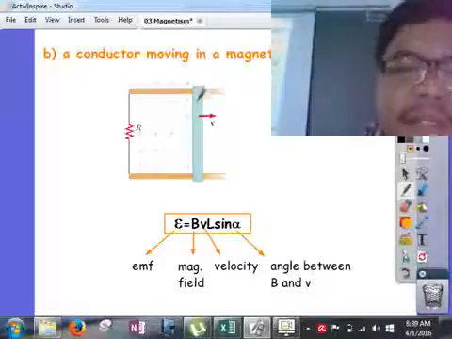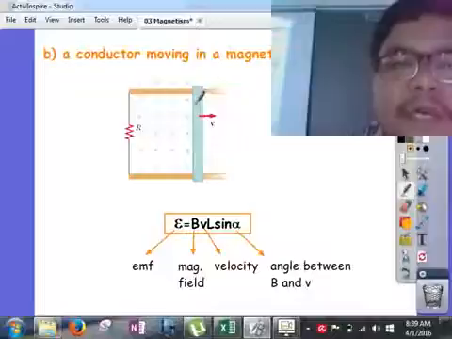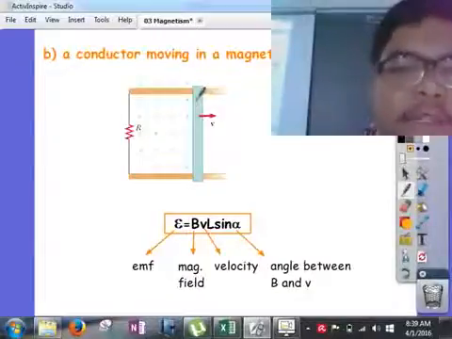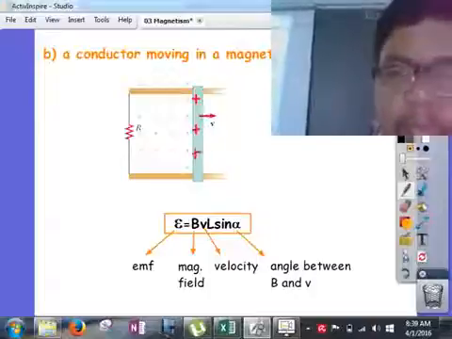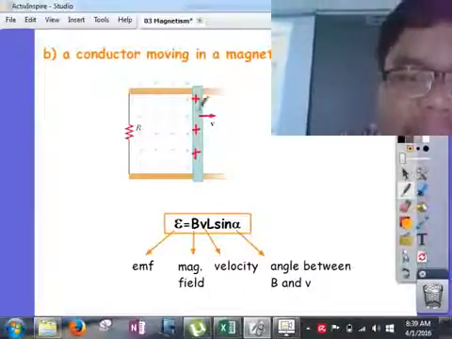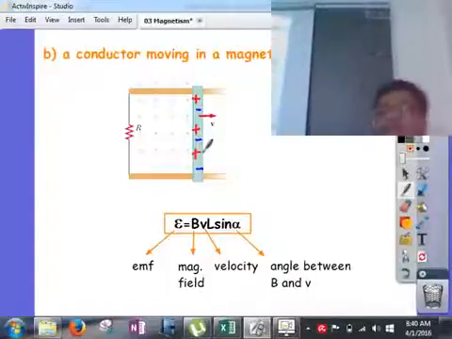If we look inside this conductor, there is positive charge and also negative charge. Yeah, it is neutral.